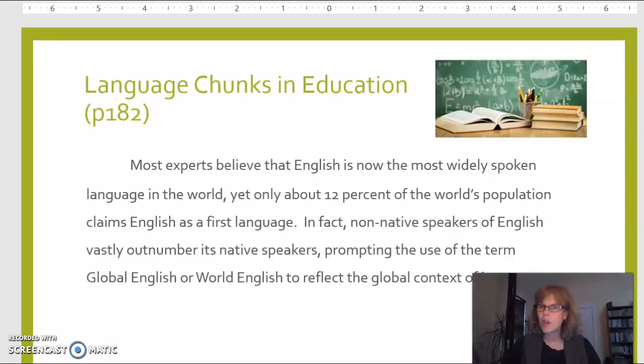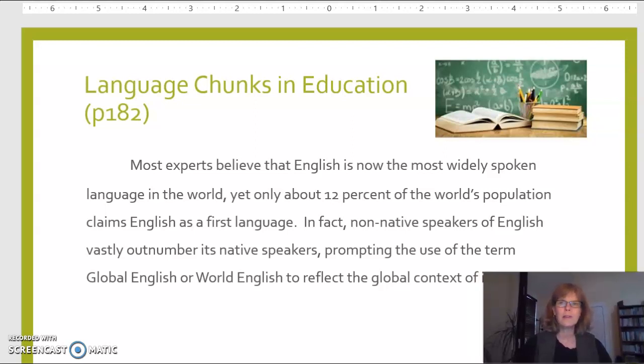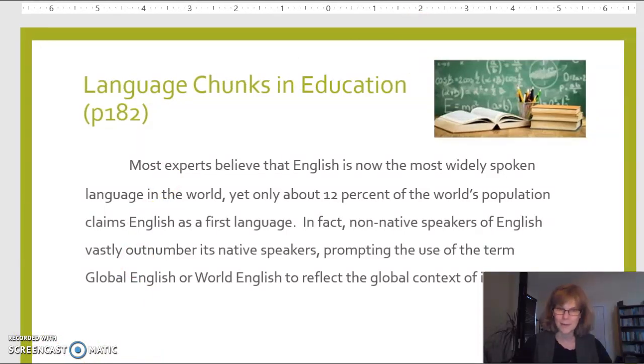Here are some language chunks that we use in education, especially in language education. And again, I took these from your book. These came from page 182, which is an article about global English. So take a look at this paragraph and tell me, do you see language chunks? Or what would you say is a language chunk here?